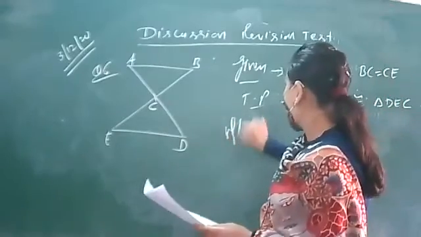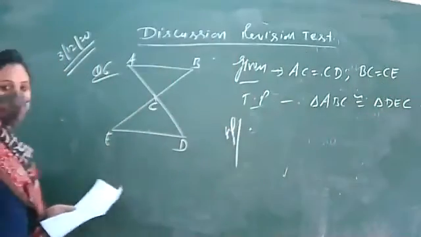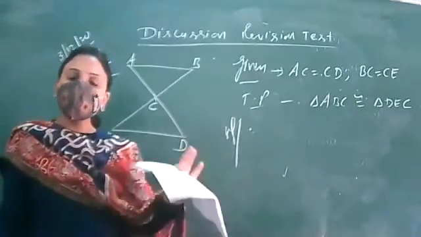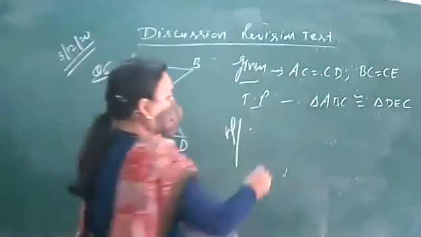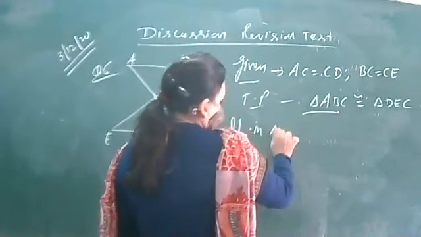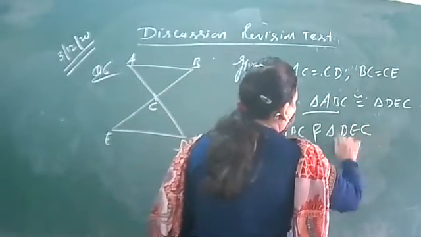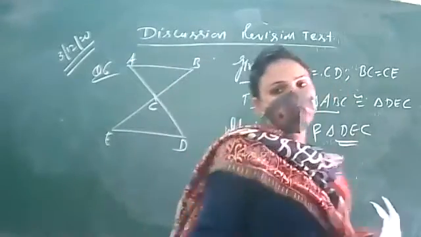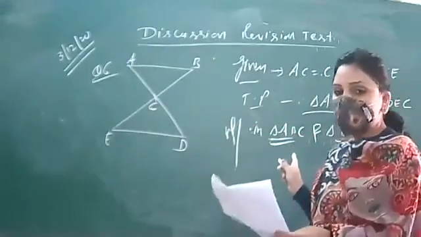Let us start with the proof. So how did we do the proof? Whatever triangles we need to prove congruent, we start with those triangles. That means in the starting of the proof, we will write in triangle ABC and triangle DEC. ABC and DEC, two triangles we have taken.